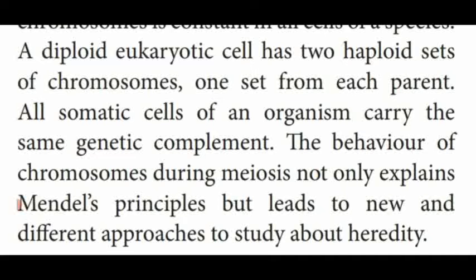During meiotic cell division only, they express the characteristic features. Some of the characters were explained by Mendel's experiment. But apart from Mendel's principles, recent geneticists have approved different studies about the hereditary material, that is, the gene.